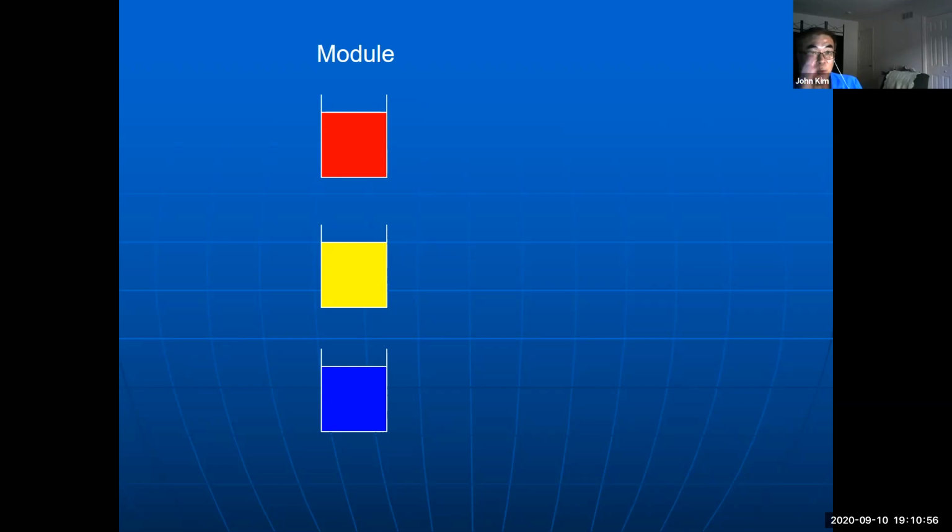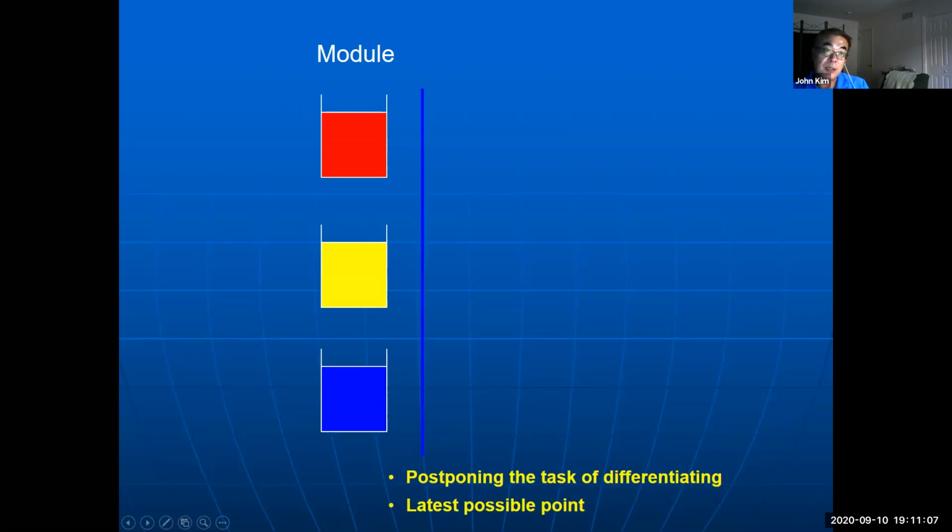That is the mass customization method, postponing, and then stop at the latest possible point using modules like this. So when we go to buy paint, this one is the latest possible point, and then use modules like this.